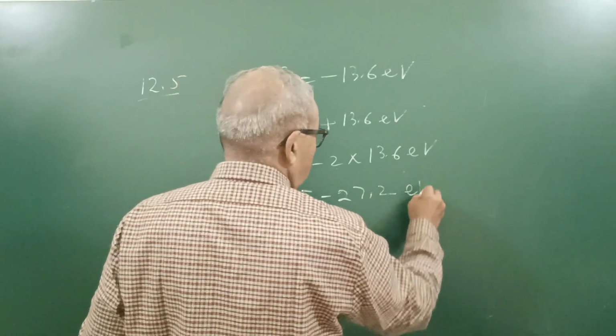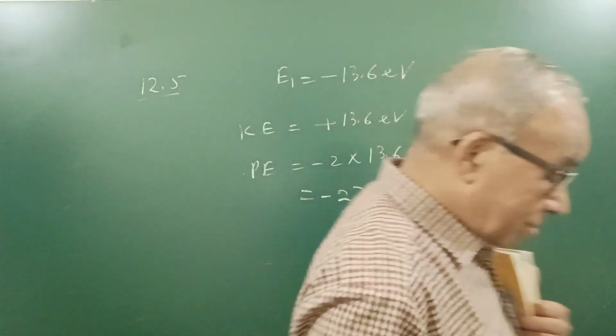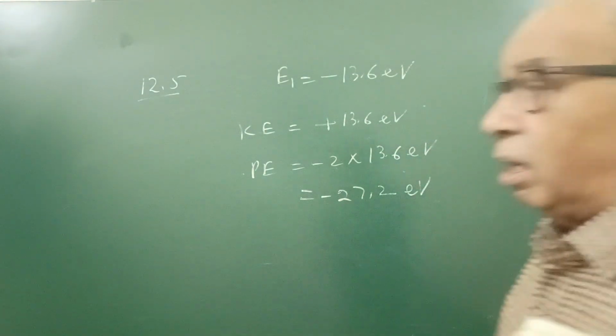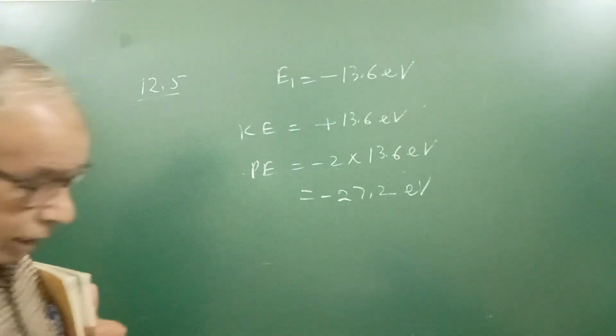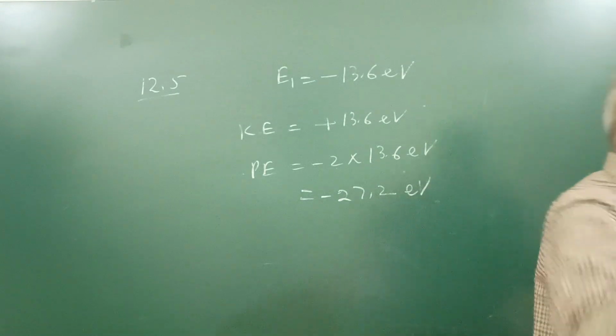27.2 electron volt. Remember, this question is actually asked the other way. कई बार बड़ी once I will be telling you the question here. Later on, they mix the topics.